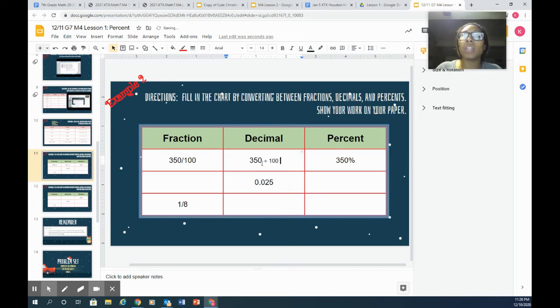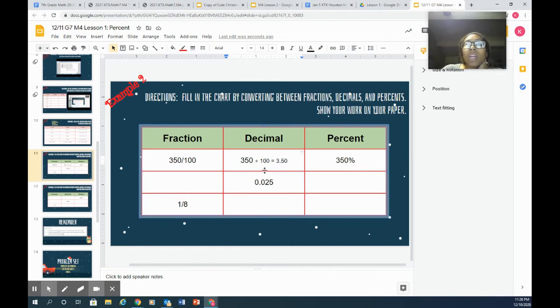So we end up with 350 divided by 100. That's going to shift all of our digits to place values lower. So the 0 that was in the ones place is now in the tenths, and then when we shift again, it'll move to the hundredths. So rewriting it as 3.50 hundredths.